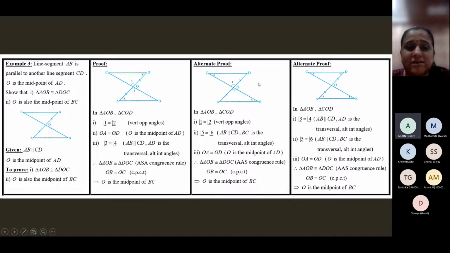Last class, these alternate proofs we only discussed, and I just wrote it in short. So I have made it in detail for you. You can take a screenshot and alter the proof or whatever. We discussed this. The complete proof is now ready for you.